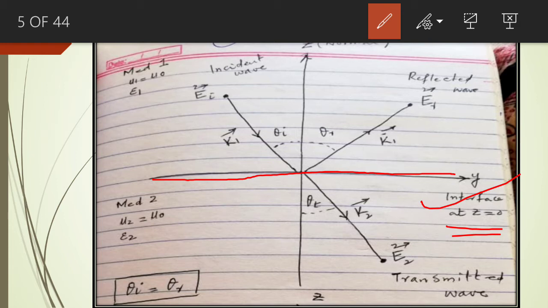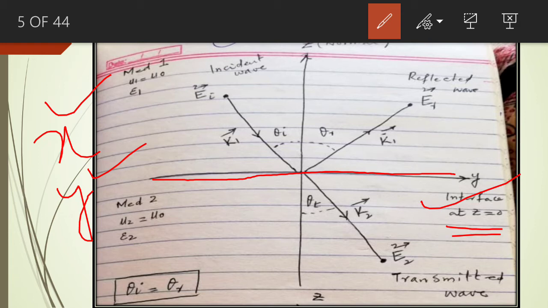So if it is xy plane, then x-axis will be tangential to this boundary, to this interface. If it is xy plane, then definitely y will be tangential to this boundary as well. So as the boundary is located in the z is equal to 0 plane, x-axis and y-axis will be tangential to the interface between medium number 1 and medium number 2.